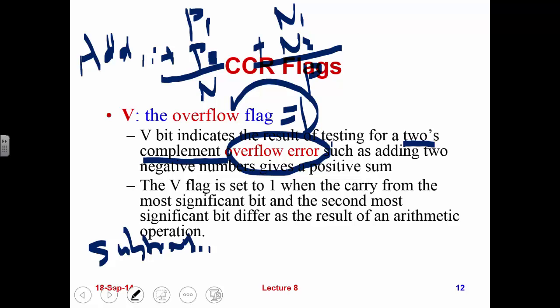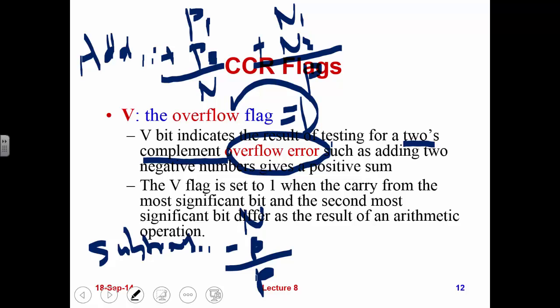The result should be negative for sure, but if the result is positive, then it may also cause overflow bit to be 1.